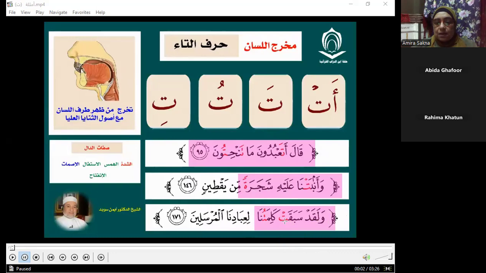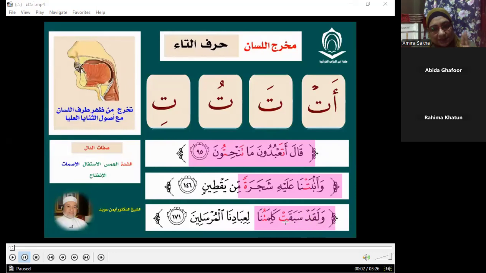Here you can notice the difference between the dal and the ta, especially as we explained today, they come out from the same articulation point and both are light letters. So the back of the tongue is not raised, neither here nor there.